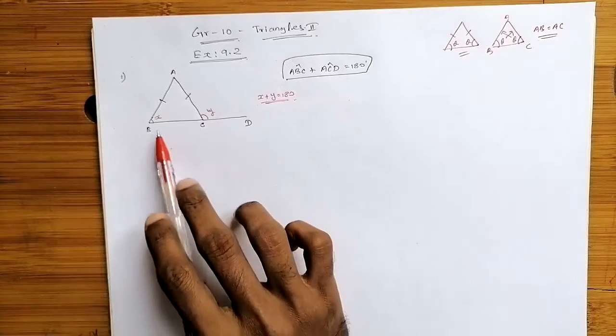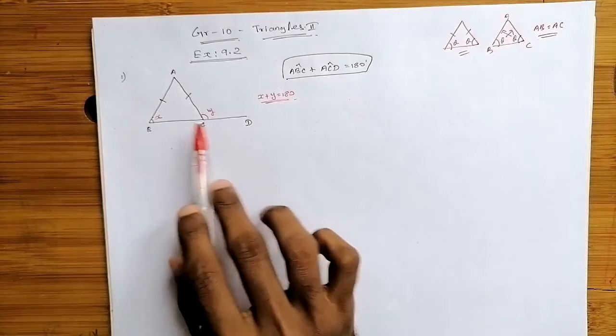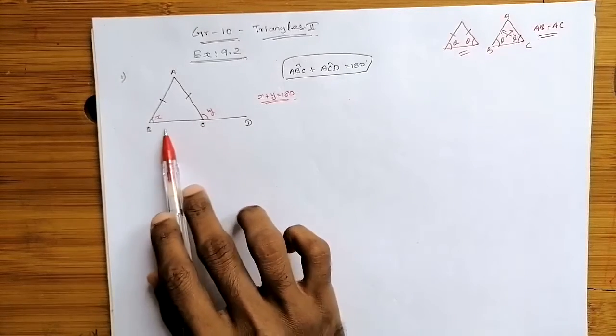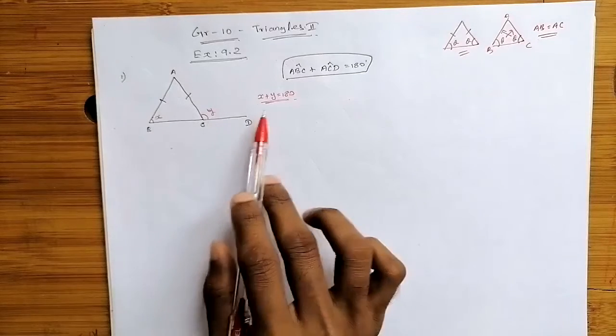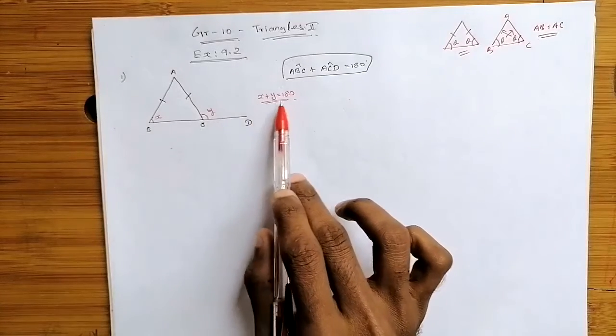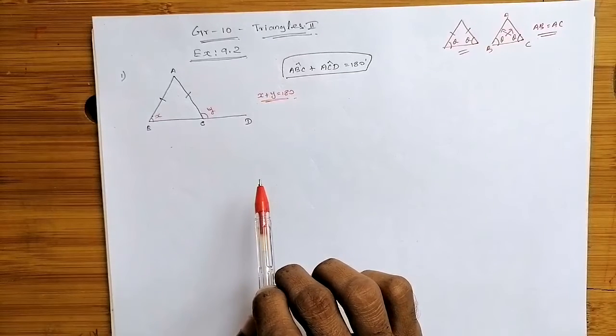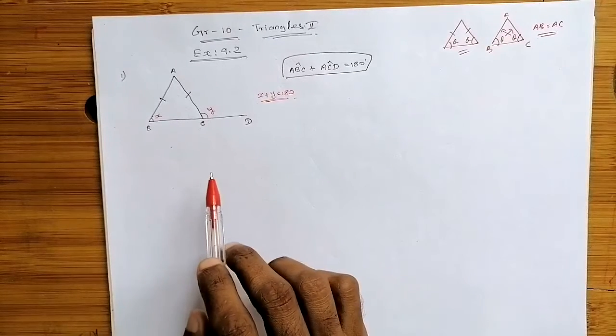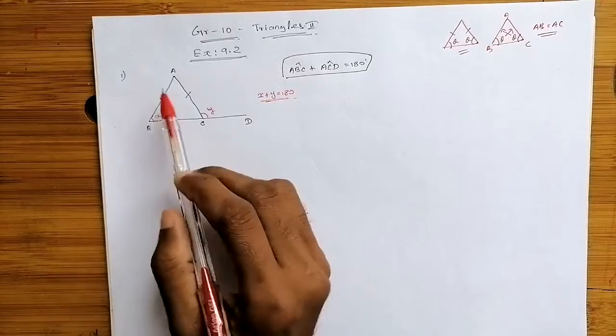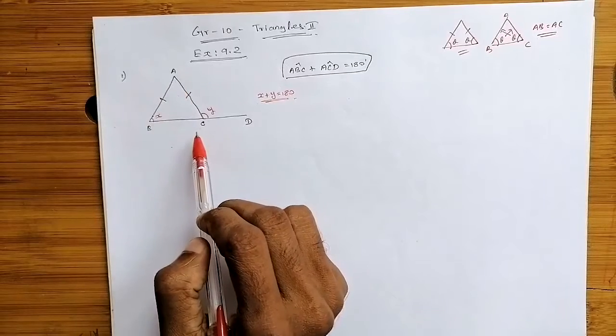Okay, considering X and Y, we can't get a direct connection because we need to prove a sum. But we have an idea from the theory of triangles 2: AB and AC are equal.